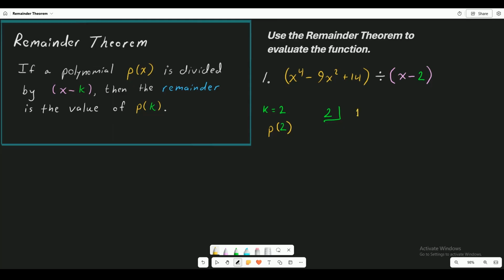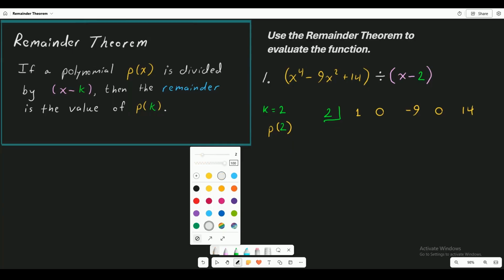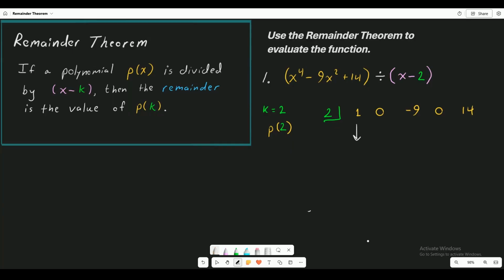So 1 for the x fourth, 0 for the x cubed, negative 9 for the x squared. There's no x term, so it's a 0 again, and a 14 for the constant term. Just like that. All right. So let's do our synthetic division.